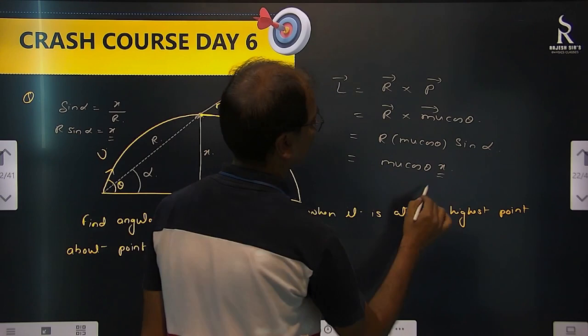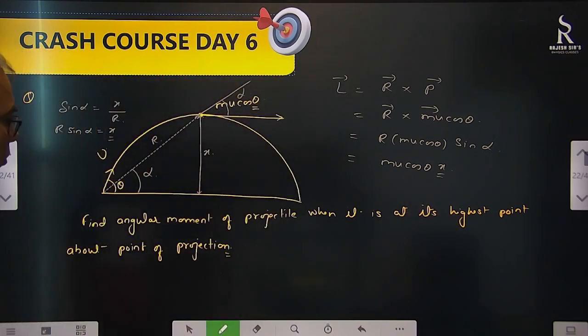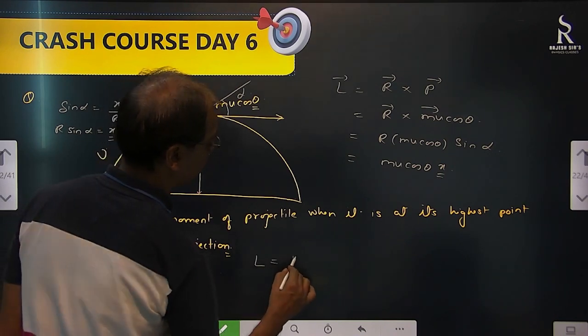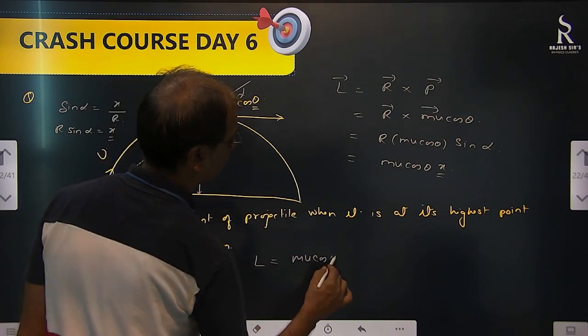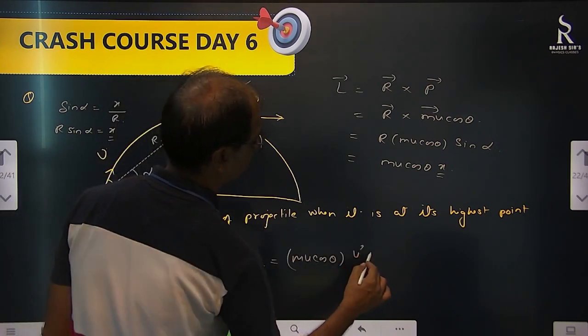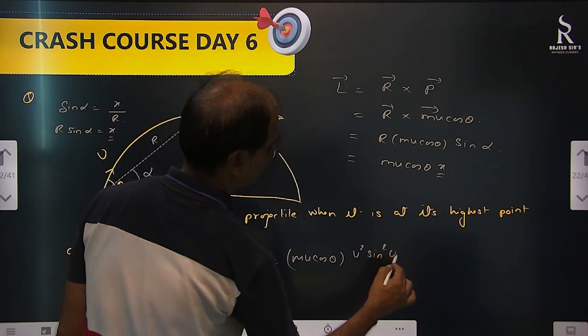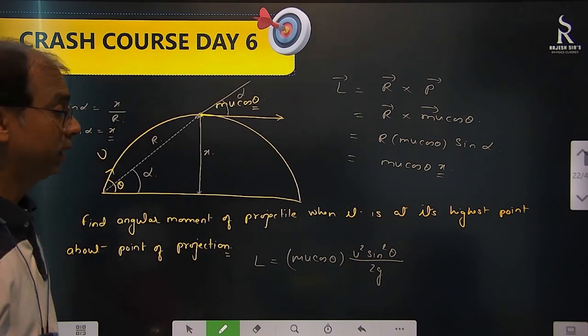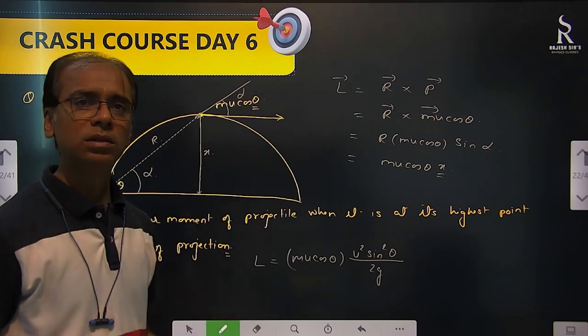Now x is what here? The highest point. So what is the angular momentum? Directly I am writing: mu cos theta into the highest point, u square sine square theta by 2g. Finished. Over. Now if we ask direction, magnitude we have found. Direction is what? See how it is going to rotate.